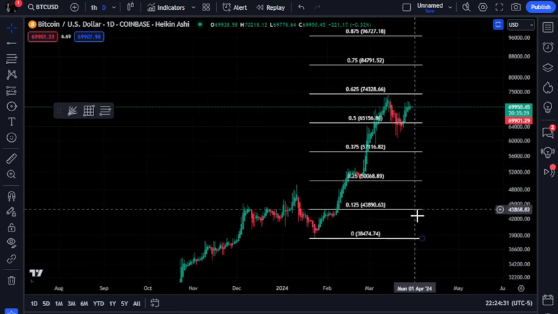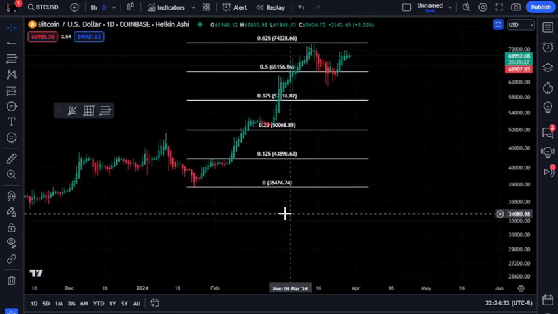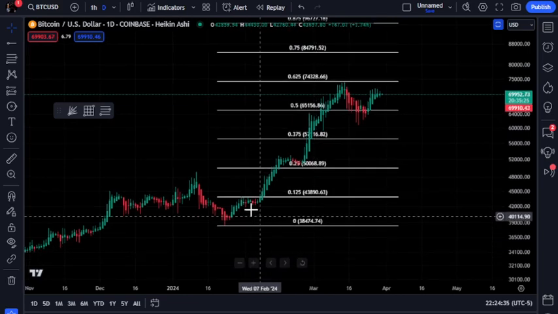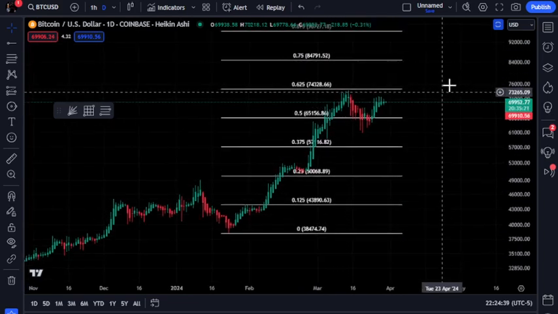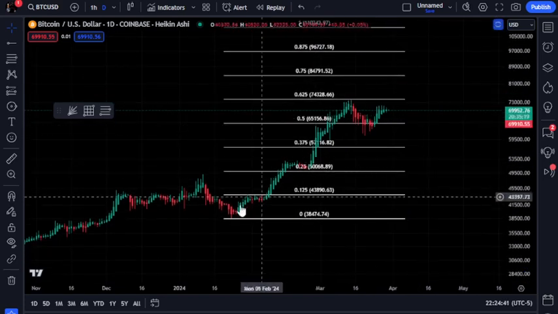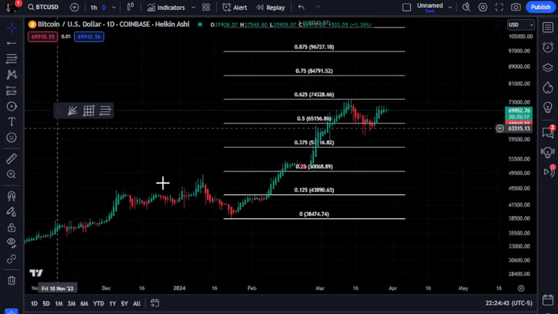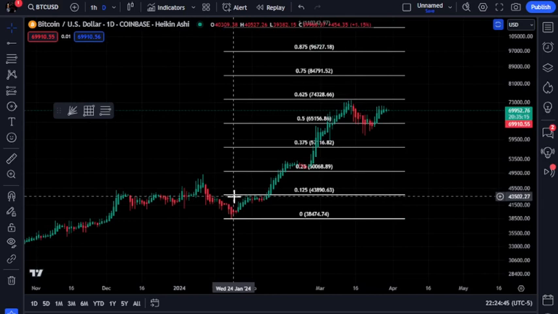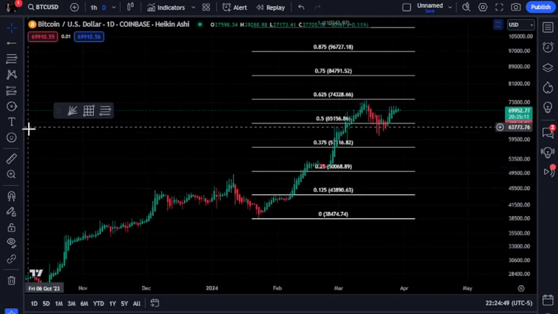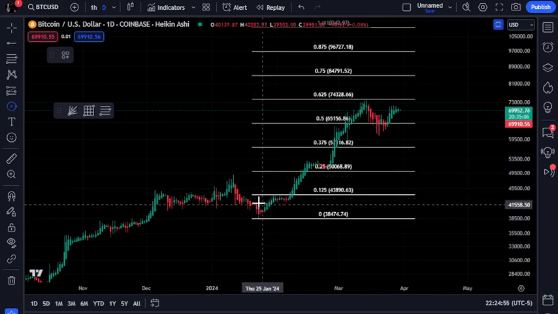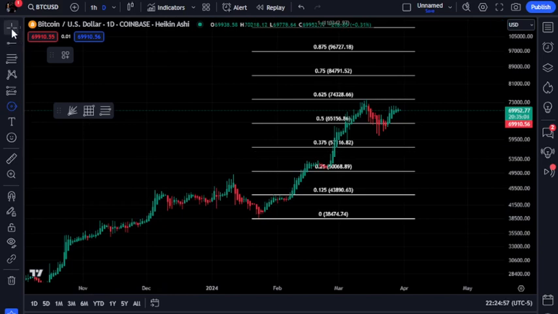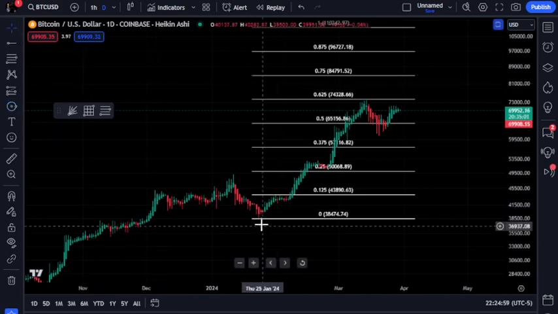And now you can use this for both time and price. And there's nothing magical about these things. It's just showing us that price has moved this same amount up and the same amount over, whatever that ratio is.